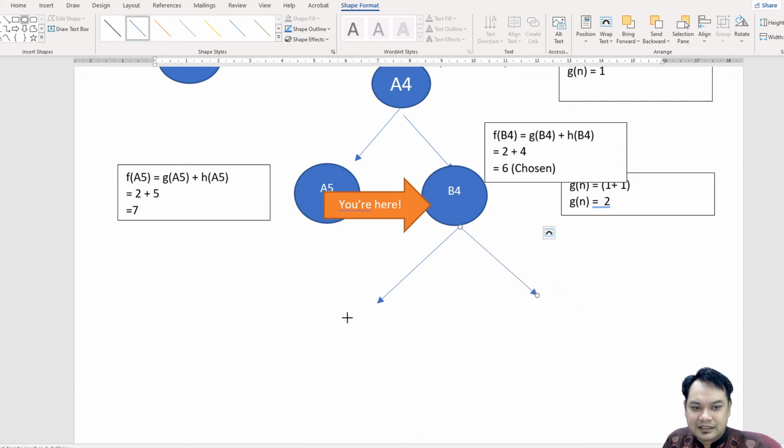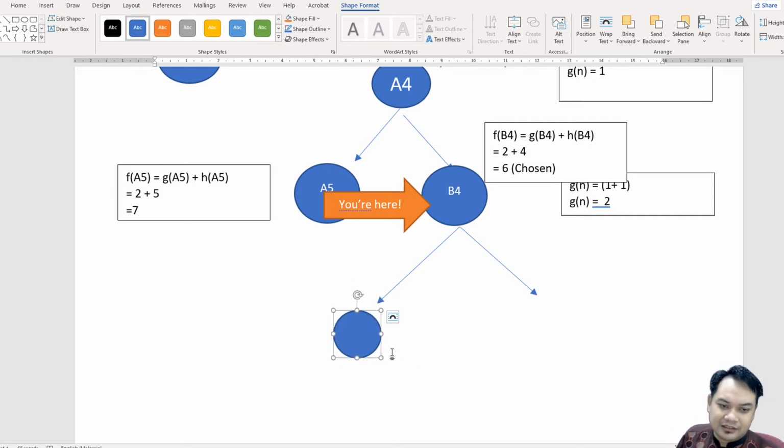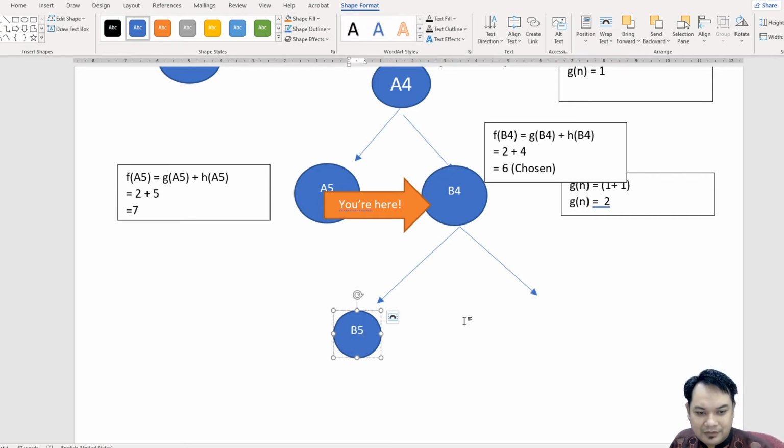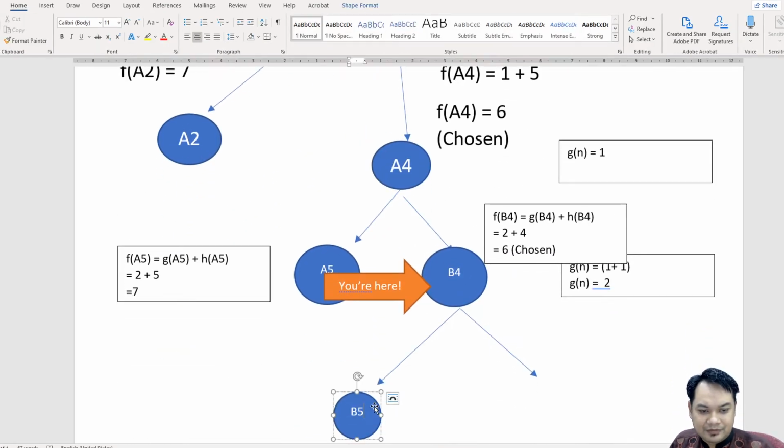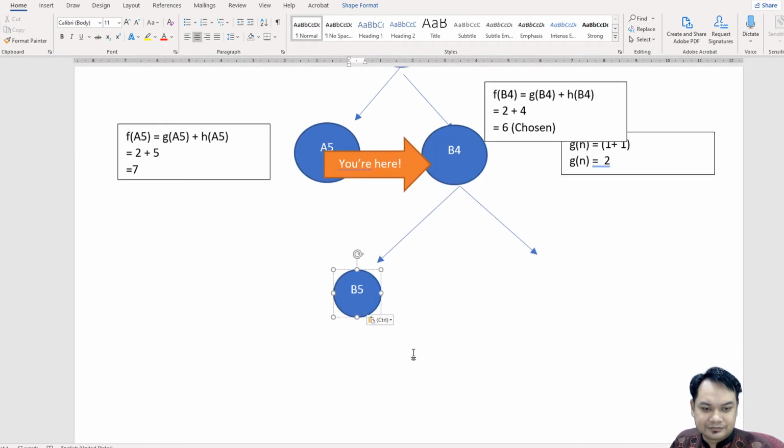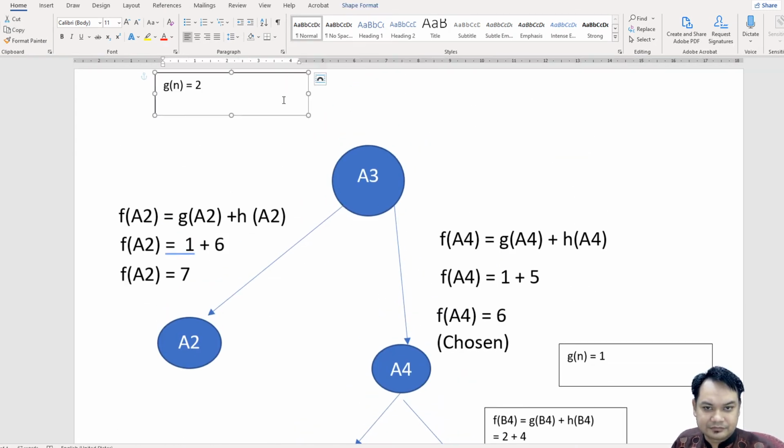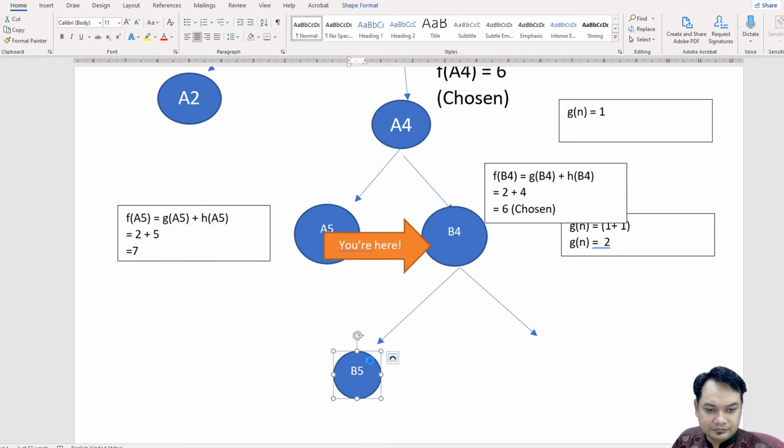So, the question is, which are the shortest? B5, either B5, the choice is, or C4.